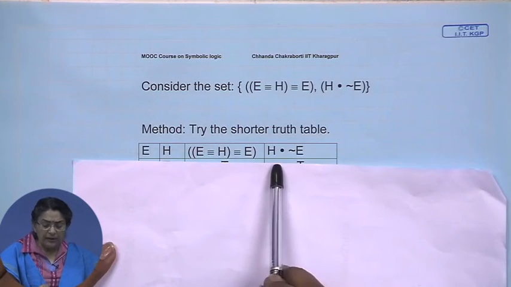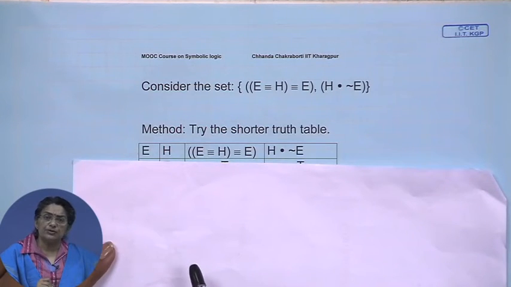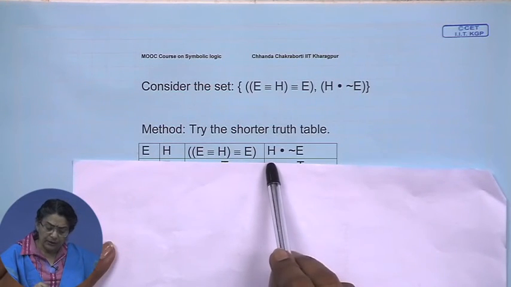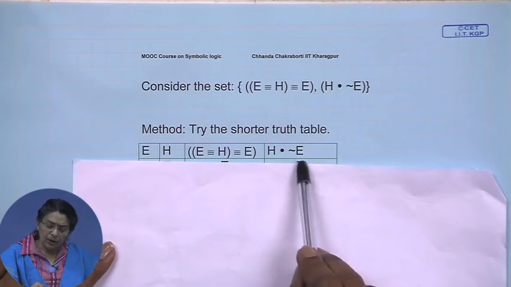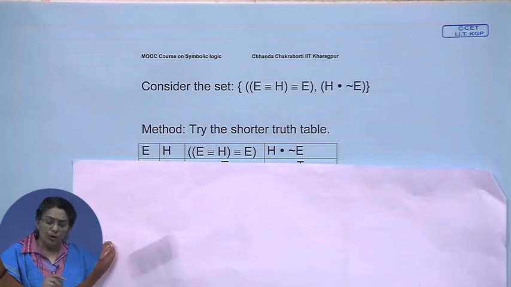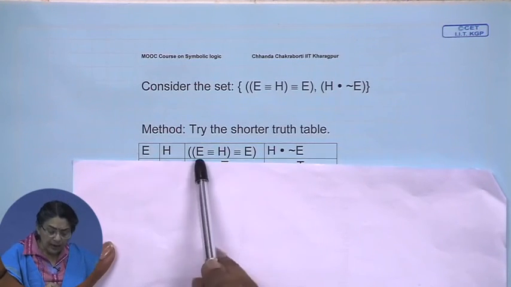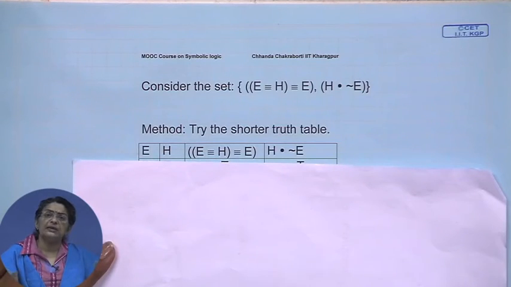So, here you are, H dot tilde E has to be true, and there is exactly one condition under which a conjunction or a dot is true, which is what? When H is true and not E is true. When not E is true, what is the value of E? E has to be false. So, you know that. Wherever E occurs, you need to repeat that.